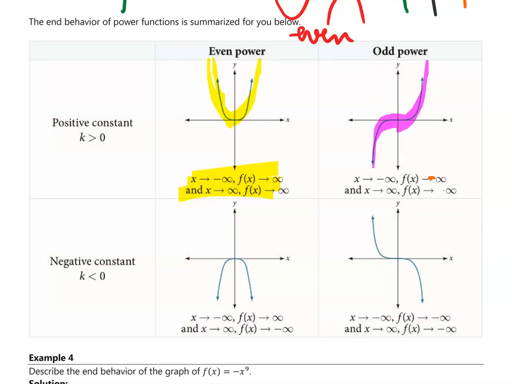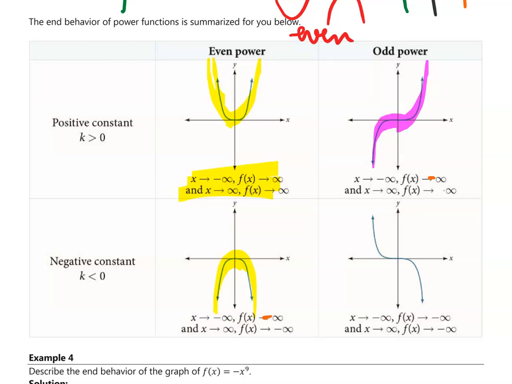Okay, for negative constant, when k is less than 0, now you have the frown here. Look at this graph. As x approaches negative infinity, it approaches negative infinity, and as x approaches positive infinity, it is also approaching negative infinity, because as you can see here, they're both going down and down.